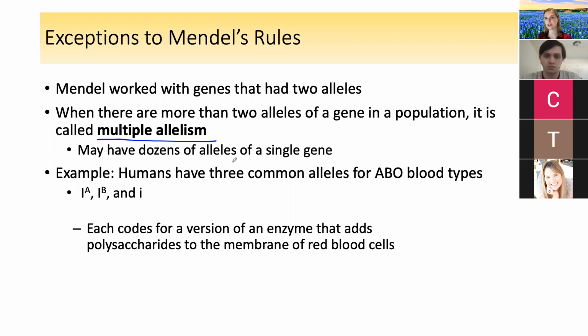So human blood type is one example where we can look at this. So humans have three common alleles that help determine our blood type. And there's the A, B, and O. Hopefully everybody's heard of those three types.